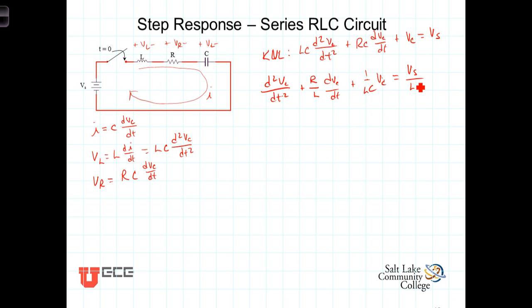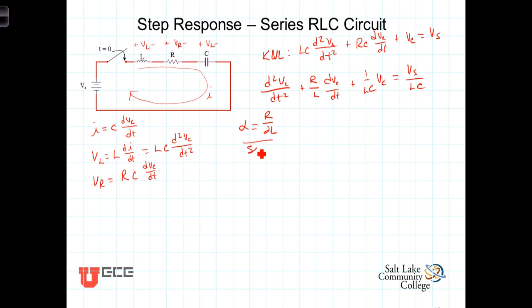So once again, the solution to this differential equation is going to depend upon the nature of the damping. Note here also that alpha is equal to R over 2L. In other words, in the series case, alpha, this decay constant, is equal to R over 2L, whether we're talking about the natural response or the step response.